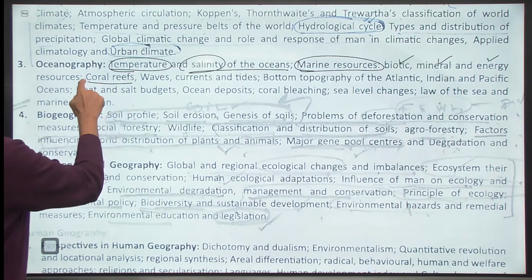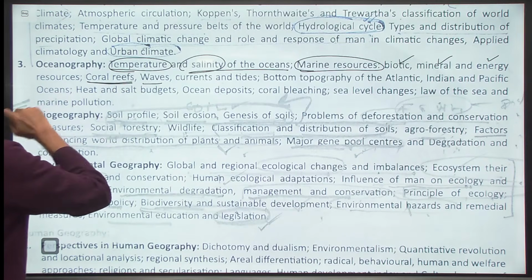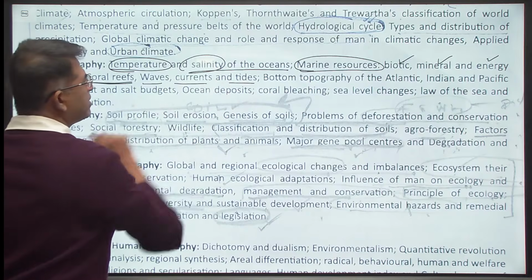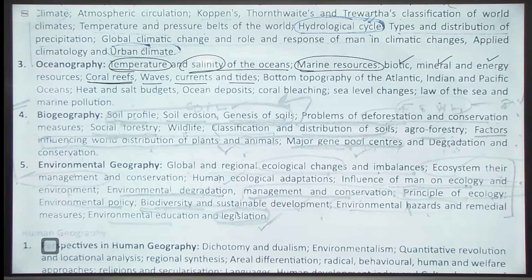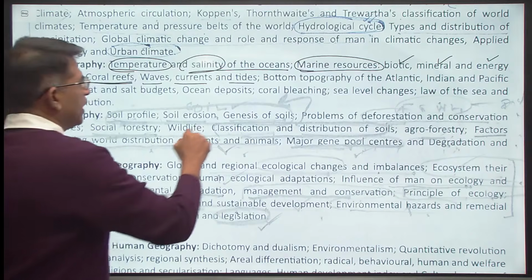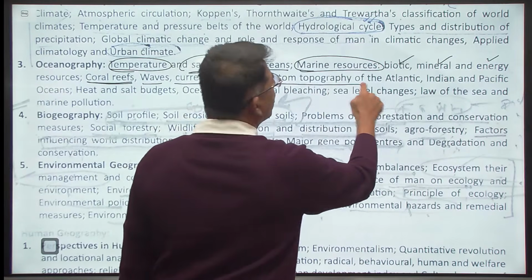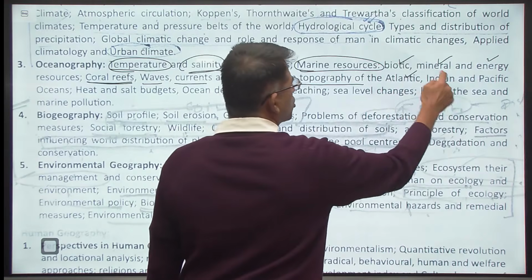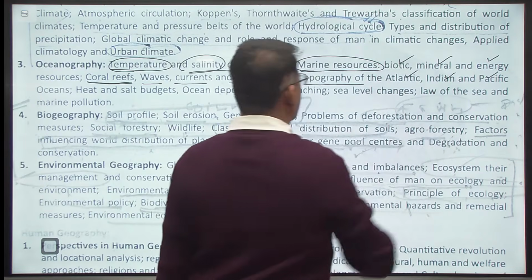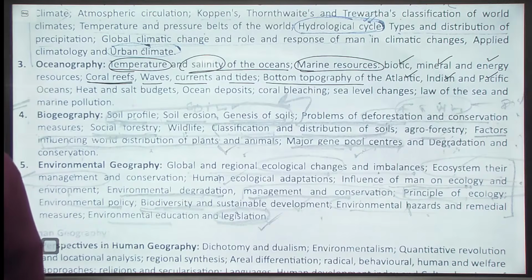Coral reefs, waves, currents and tides. Then bottom topography of Atlantic Ocean, Indian Ocean, Pacific Ocean.